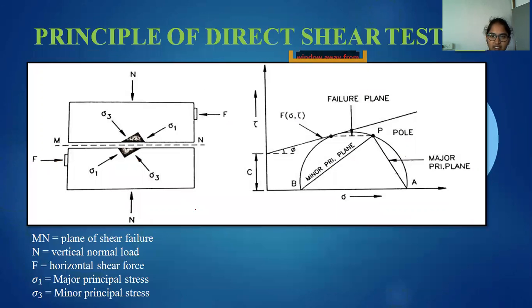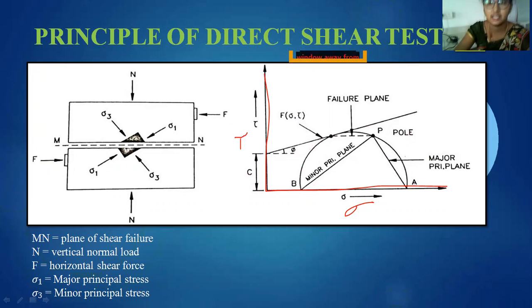Here we can draw the graph between the normal stress and shear stress, giving the C and phi values. Here the Mohr-Coulomb failure graph is also there. C means cohesion, and N is equal to the vertical normal load. F is equal to the horizontal shear force.